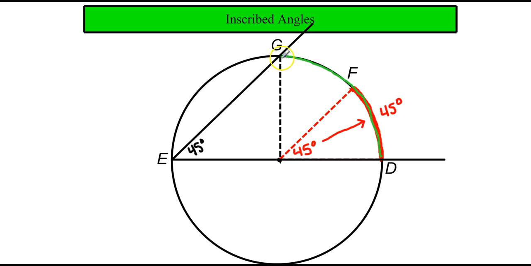In particular, I dropped this line straight down, a vertical line, and this is a horizontal line, so the measure of the intercepted arc is going to be 90 degrees. So the relationship between the inscribed angle and the arc that it projects to is that the arc is double the measure of the inscribed angle.